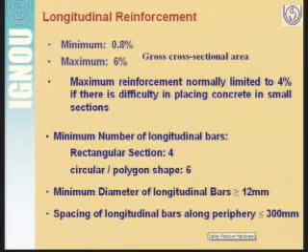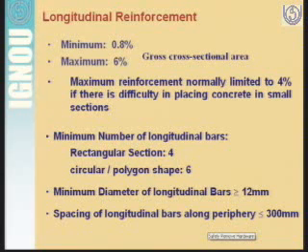First of all, we talk about the longitudinal reinforcement. The minimum reinforcement that the code says should not be less than 0.8% of the gross cross-sectional area of the column, whereas the maximum limit to the longitudinal reinforcement is 6% of the gross cross-sectional area.